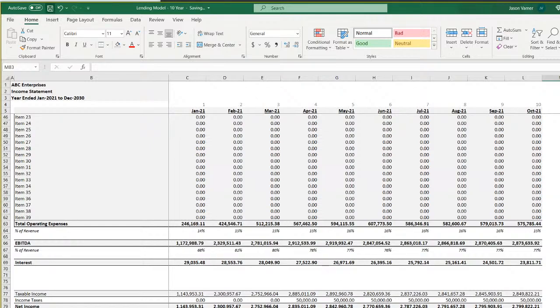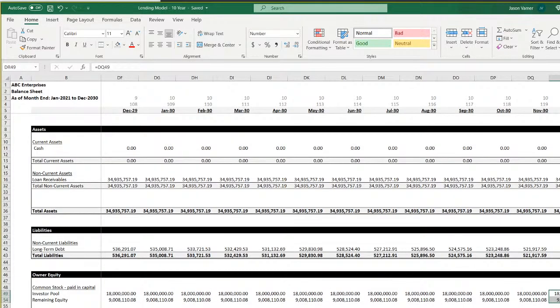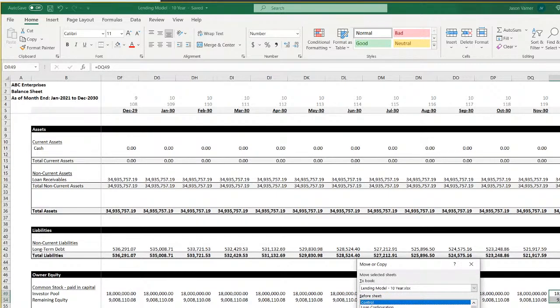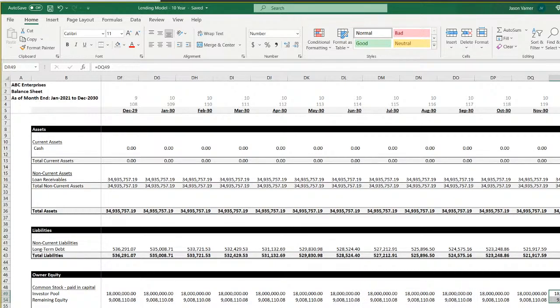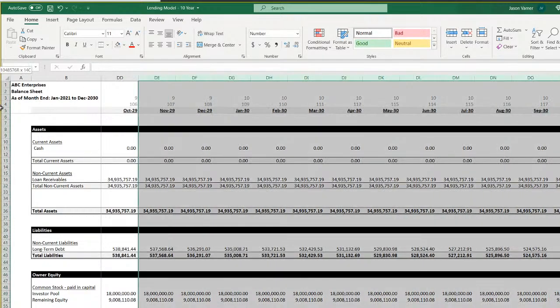All right, so now we go to the balance sheet, annual. This might get a little bit trickier, but we'll see. We'll go BS, annual. Again, here we only need 10 periods.